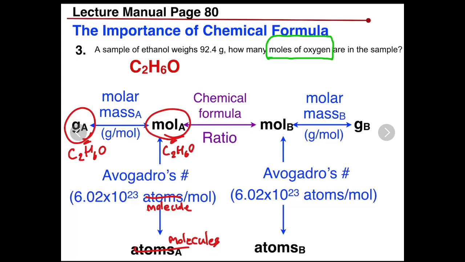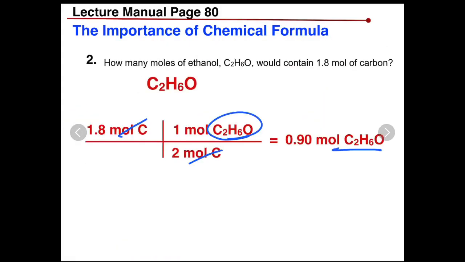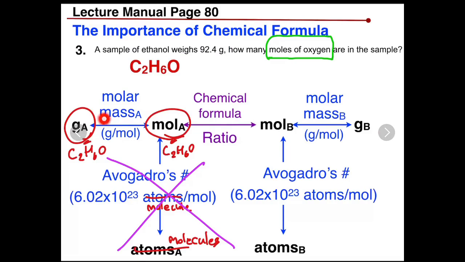So in this case, we are not going this route because the problem doesn't ask for number of molecules. So keep going, right? The first step would be to convert from grams to mole. Now we are stuck at mole of ethanol. How can we go to mole of a different species? In this case, it's of oxygen.